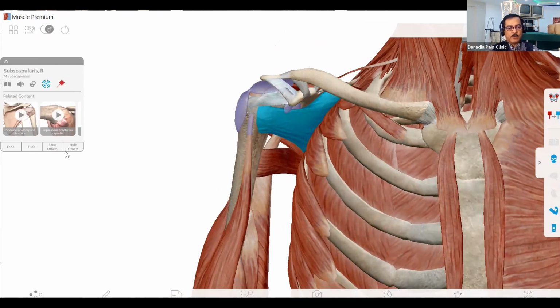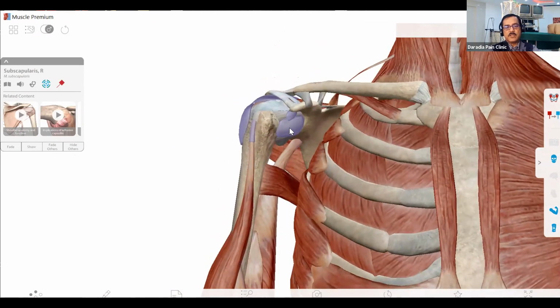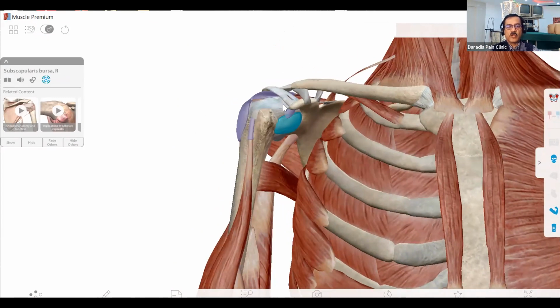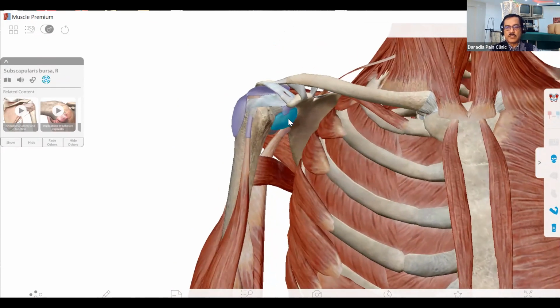Okay, so now let me remove this subscapularis, and there is a very important bursa there, the subscapularis bursa. Many times it is just below the coracoid process, and many times there is accumulation of fluid. Just 1 month back, we had an aspiration of this in our YouTube channel.